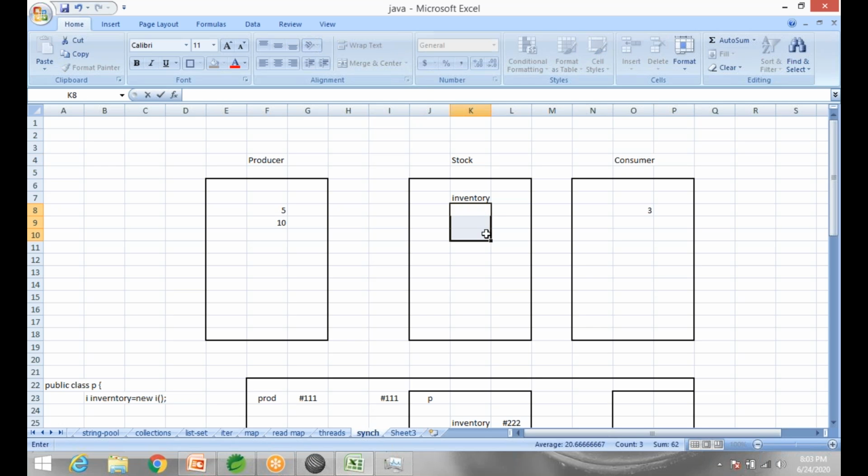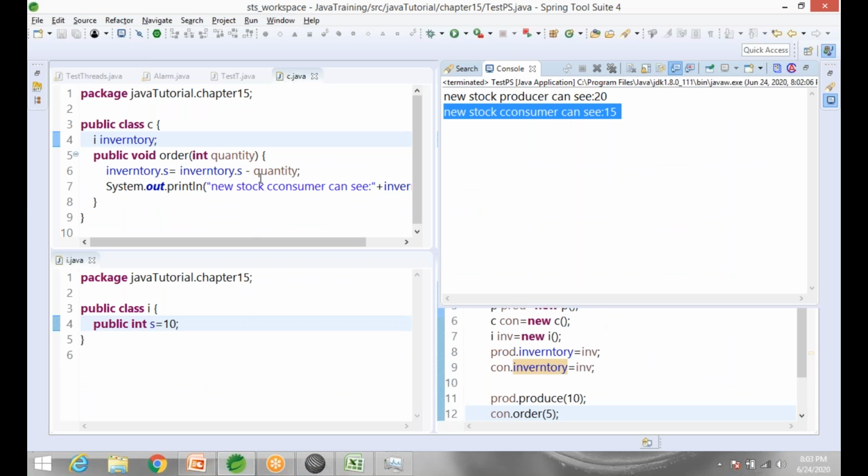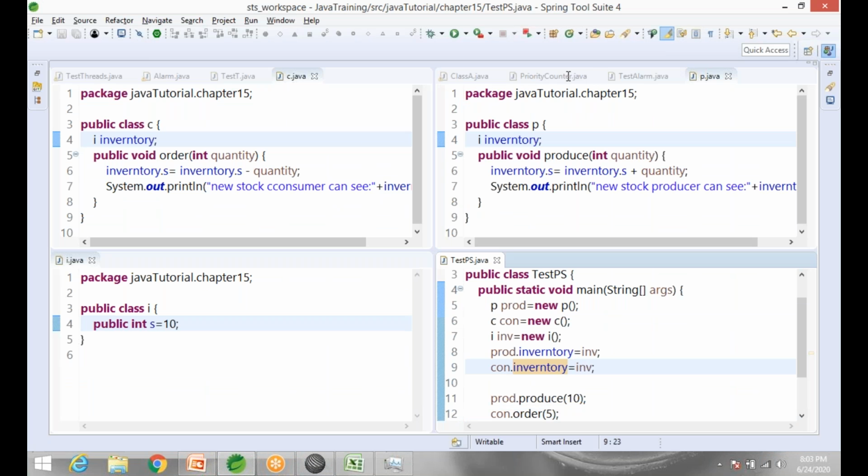All right, so now that you know this, I'll show you how the producer consumer thread program will look like.